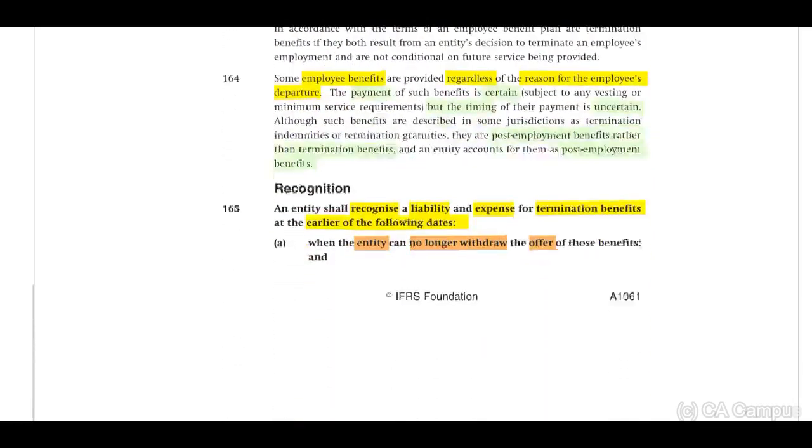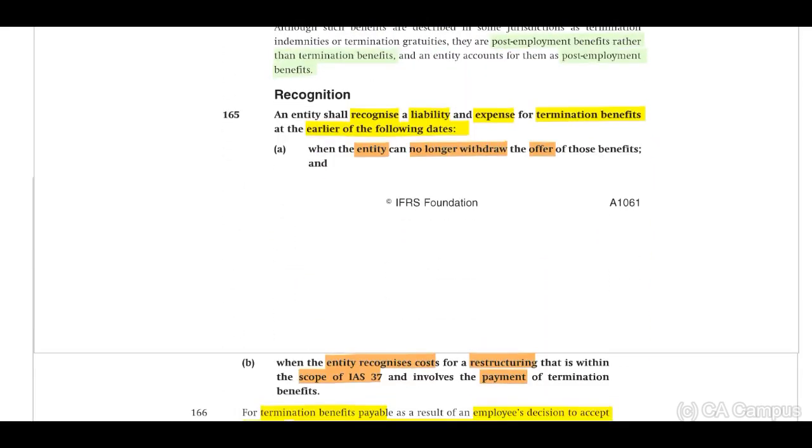Therefore, our recognition, we will have to recognize a liability and expense for termination benefits at the earlier of the following dates: when the entity can no longer withdraw the offer, and or when the entity recognizes costs for a restructuring that is within the scope of IAS 37.